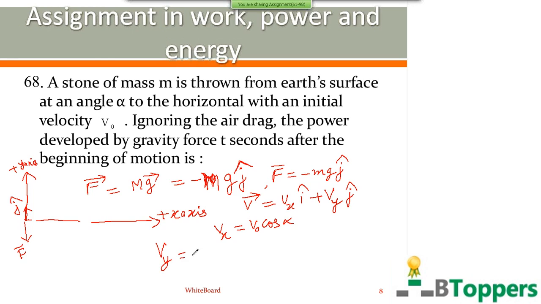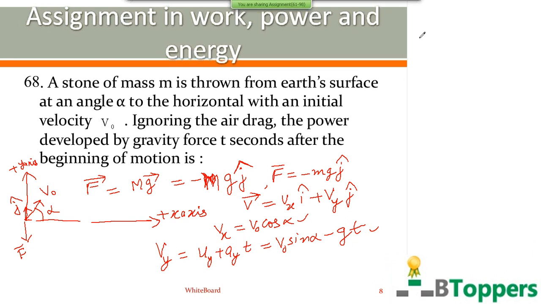Vy is the y component of the velocity of the projectile, which is Uy plus Ay into t. Uy is the initial velocity in the vertical direction, equal to V naught into sin alpha, since the initial velocity has magnitude V naught and makes an angle alpha to the horizontal. The acceleration in the y direction is equal to minus g.